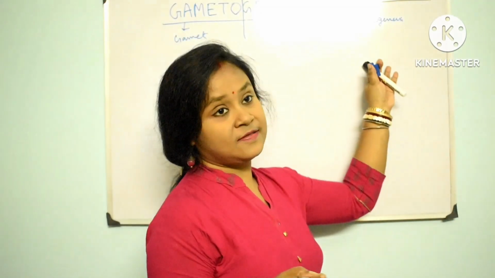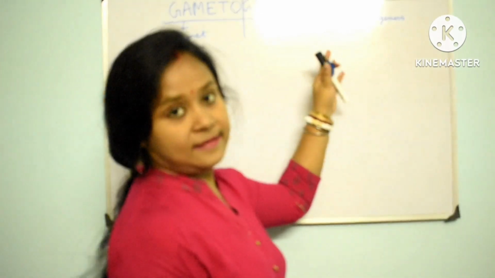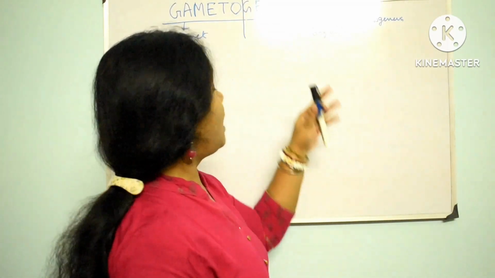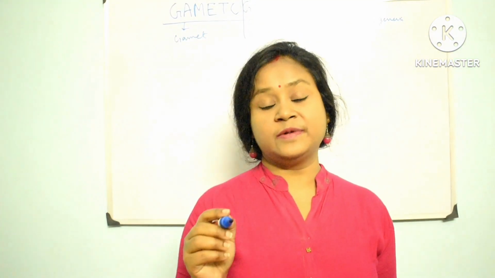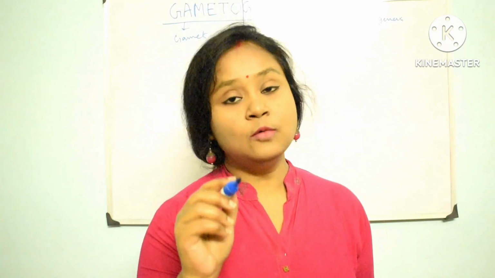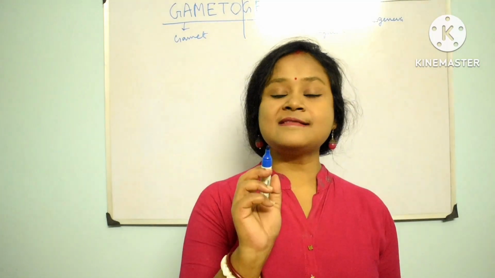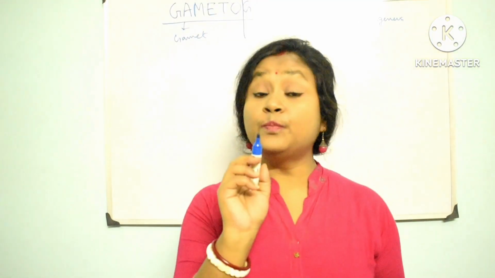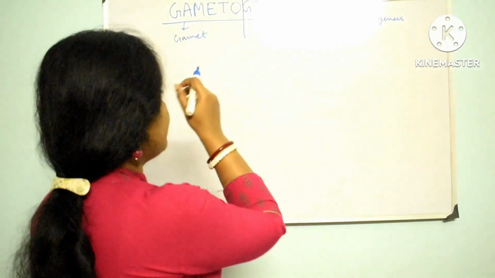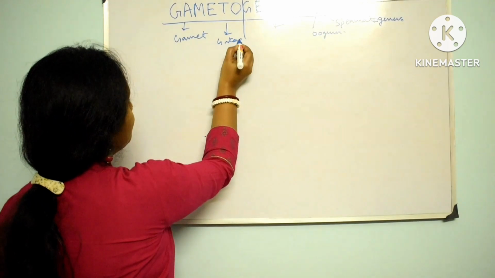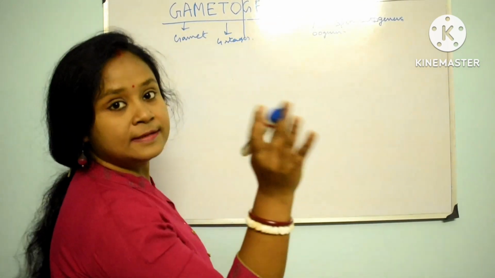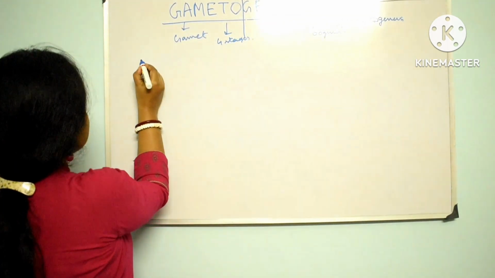So what are the basic steps of gametogenesis? Prior to spermatogenesis and oogenesis, how does gamete formation commonly start? Now let's discuss. Gametogenesis can be divided into 4 stages. What are these 4 stages?